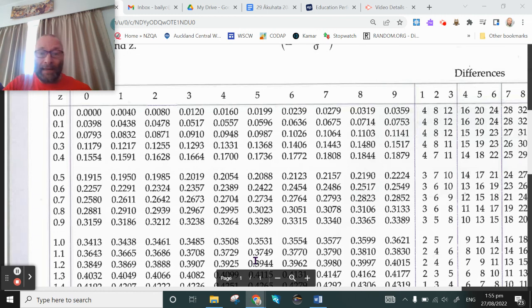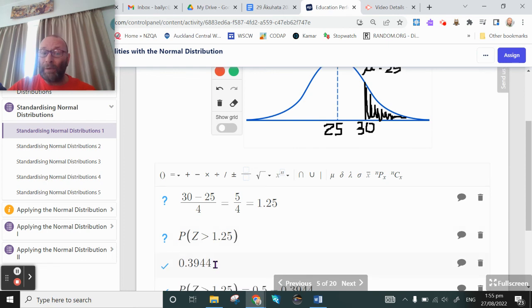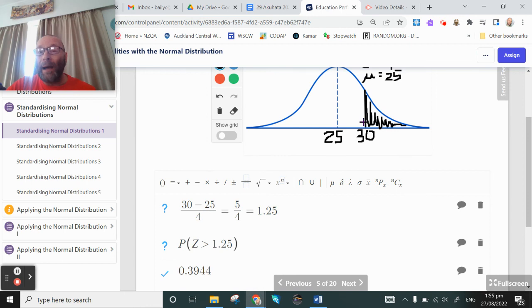So that 0.3944. So the probability of being between 0 and 1.25 standard deviations is right in there. So the probability of being in that unshaded section is 0.3944. Well, I want to know the probability of being greater than that. Since we know that 50% of the data is above the mean, or the probability is 0.5, 0.5 minus that part will leave what is shaded.